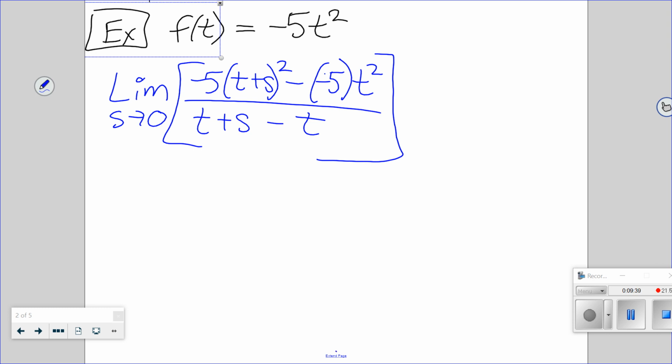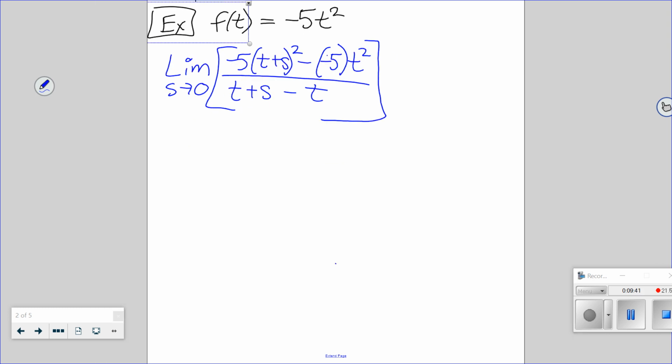Okay. I think I need a whole other line to write out the consequences of this. Alright, so we FOIL that t plus s, because I added some little bit of time. Yes, indeed, I lose everything on the denominator except little s. Awesome. Let's see if I can do 5 in my head.